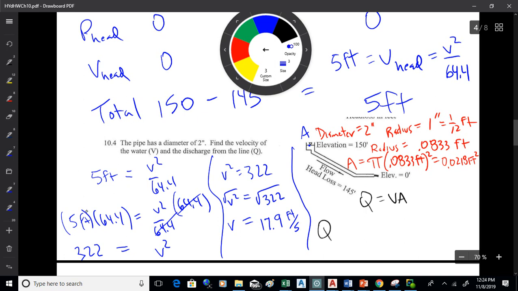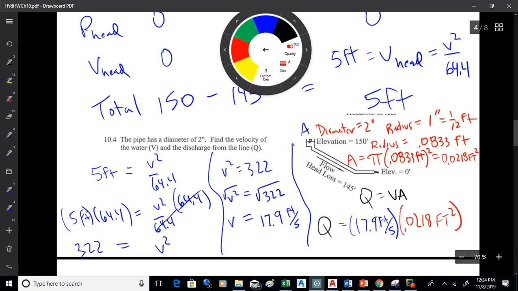So Q is equal to the velocity, 17.9 feet per second, times the area, which is 0.0218 square feet. So that'll get you the flow rate. So Q is VA. So Q is 0.391 cubic feet per second.